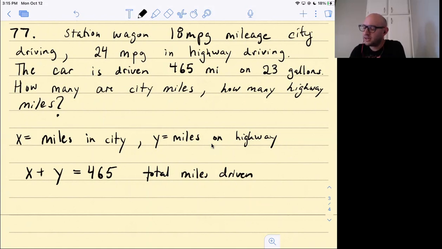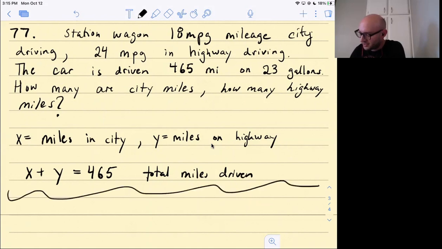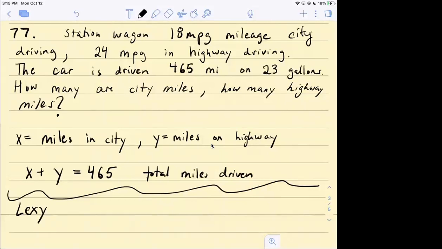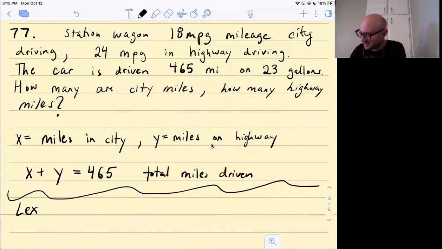So if you have a certain mileage, let me just give you a sample problem. So let's say Lexi, is it with a Y or an I? With an I. Okay, so this is a theoretical problem. Lexi gets, let's say, on the lower side, 15 miles per gallon, 15 mpg.